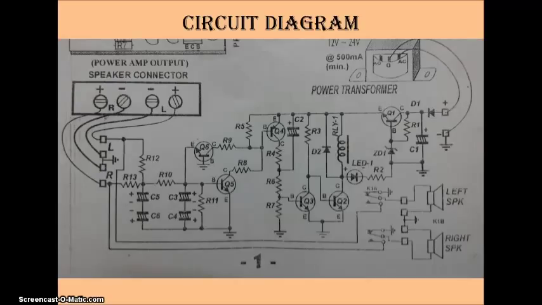Besides that, in the circuit they are using 6 capacitors. This is capacitor C1 here, C2, C3, C4, C5 and C6. These capacitors are marked as C in this circuit. Like we know, there are various functions of a capacitor, such as storing charge and also smoothing the signal, such as converting an AC signal to DC.